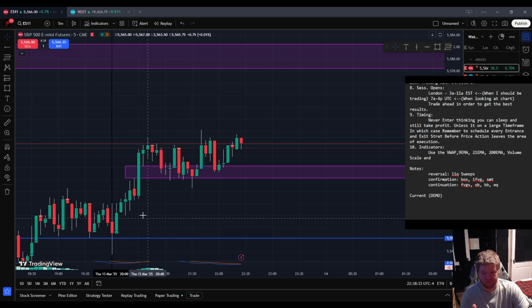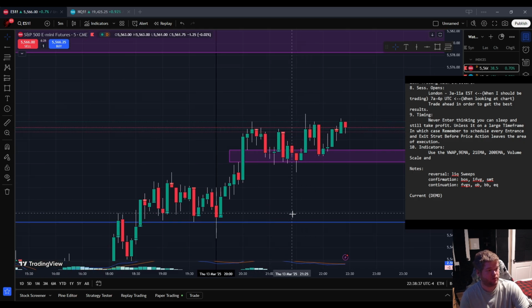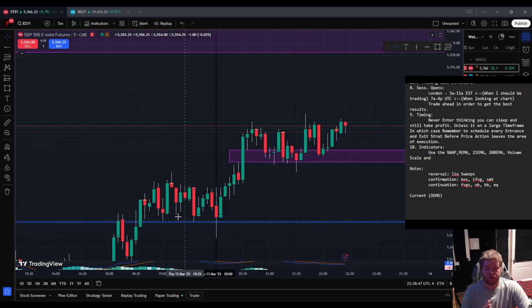In an uptrend, it'd be the leg down. Why? Because the orders were being filled. Market makers, he just explained it, are doing this while the banks are filling these orders.